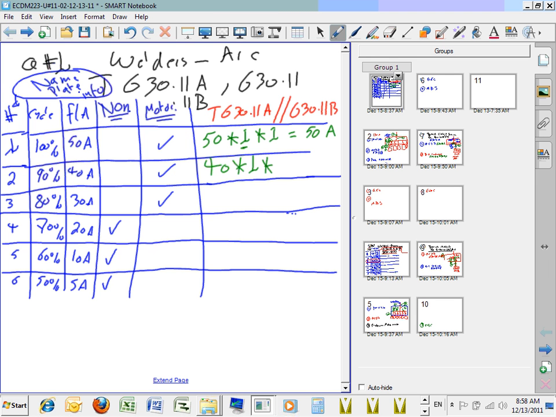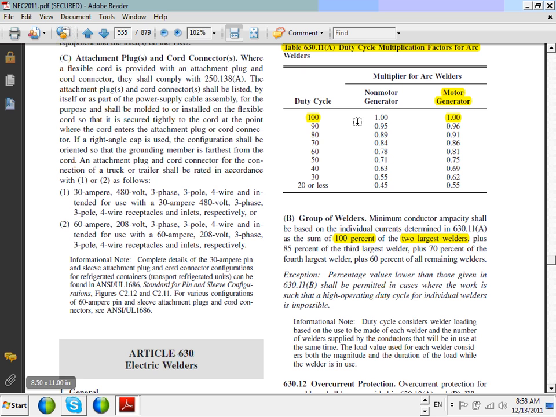What's the cycle for the 40 amp, guys? 90, right? Can you see that the cycle is 90? If the cycle is 90, let's go find the cycle 90. I have a 90 cycle.